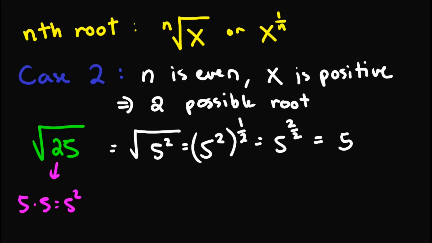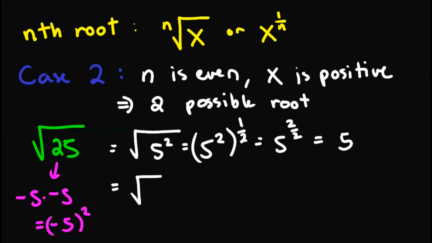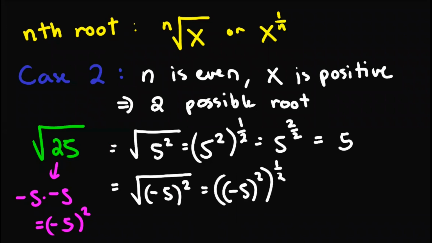Now aside from 5 times 5, 25 can also be decomposed into negative 5 times negative 5, which is negative 5 squared. So we can also write this as the square root of negative 5 squared, or negative 5 squared raised to 1/2, which is negative 5 raised to 2 over 2, which is negative 5.